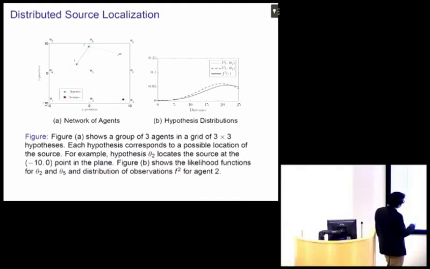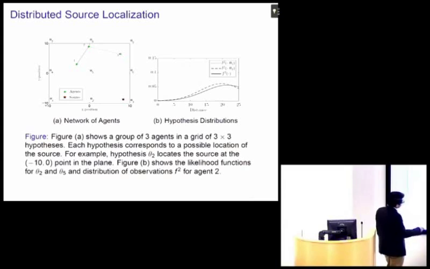So node 2 observes or measures the distance to the source. And okay, of course, assuming noise and all of these things, we can say, for example, that the true observations of node 2 are modeled by this black line.